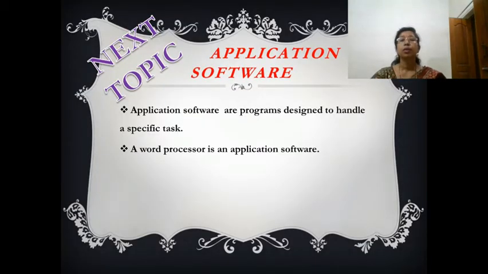Now, we will study about application software. Application software are programs that are designed to perform a specific task. It is a collection of programs that are designed to perform certain types of work.